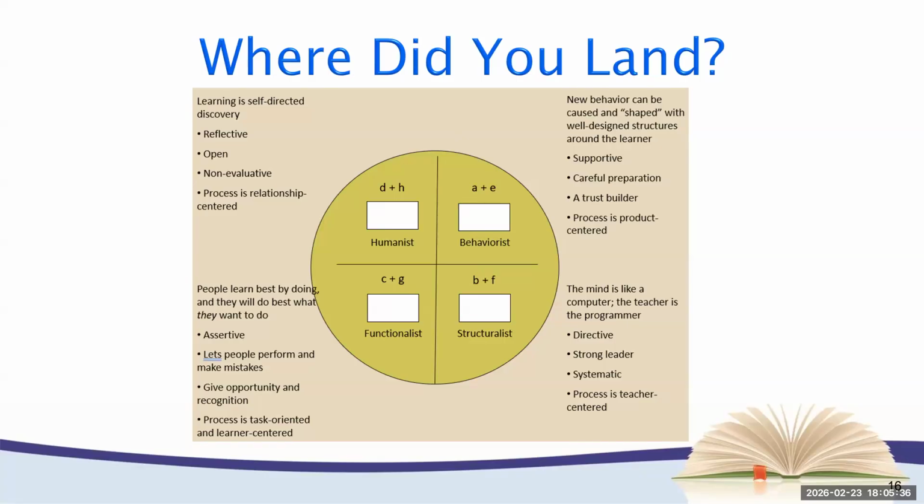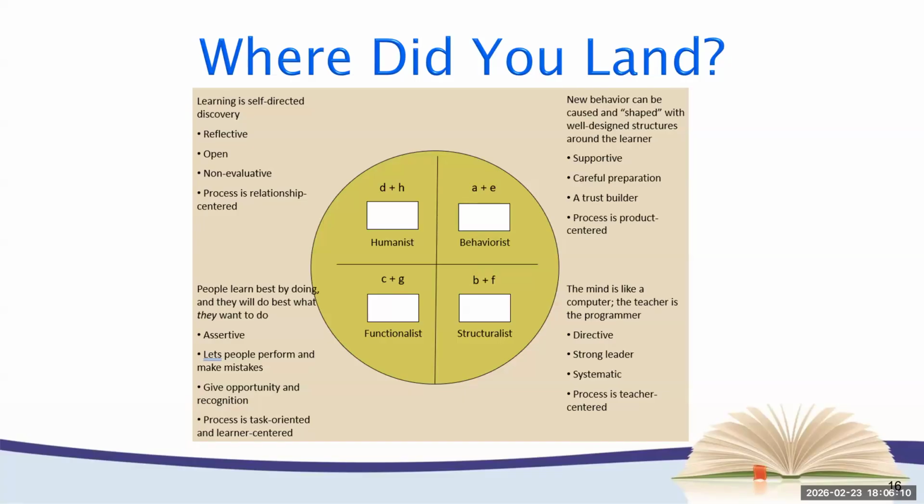Excellent. So what this shows us and what you're looking at is four categories of trainers. There's the behaviorist, and you can see the typical mindset or style that goes along with each. So behaviorist is basically the idea that new behavior is shaped by what we provide to the learners, that we're supportive, we put a lot into preparation, building trust, and it's very product centered.